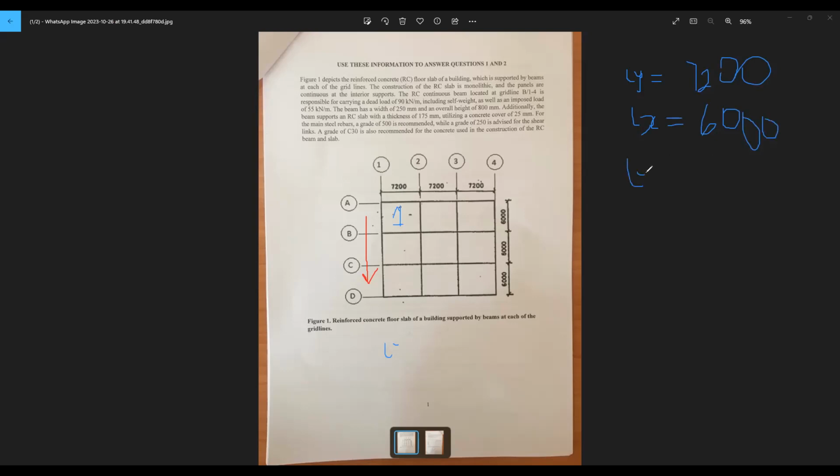So Ly over Lx is going to be 7,200 all over 6,000. Yes, do the math for me.